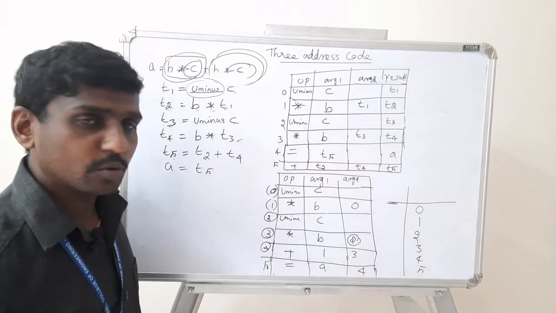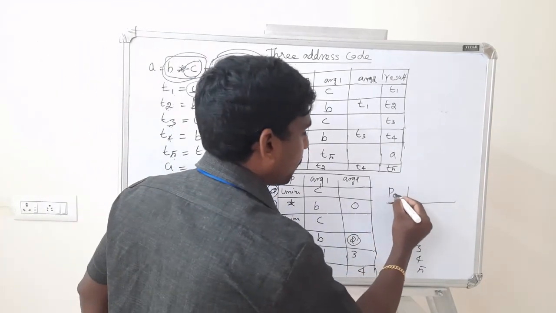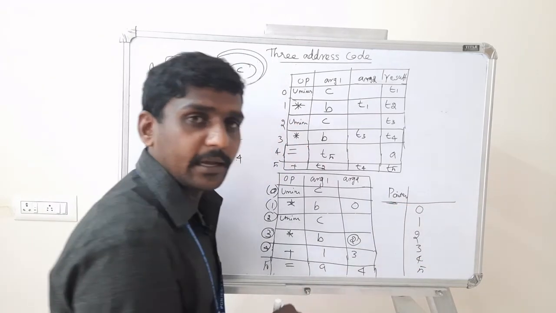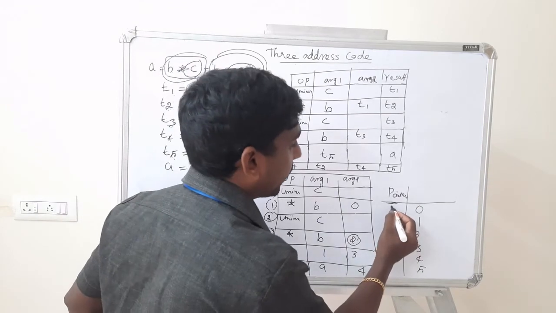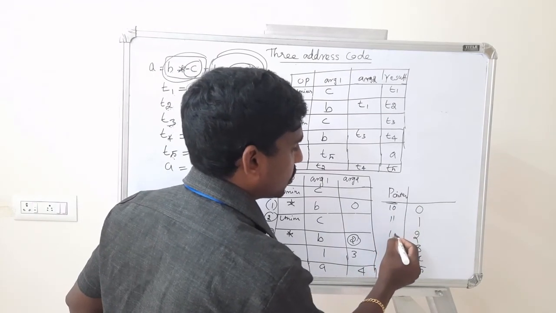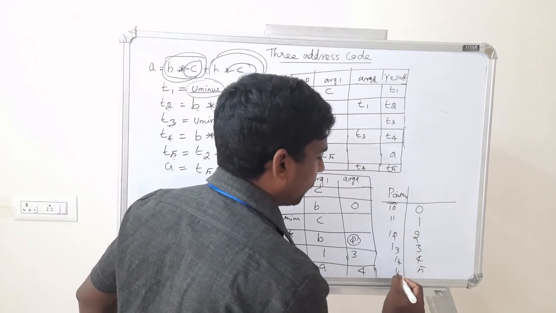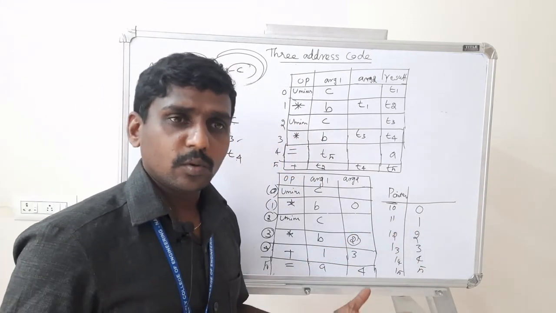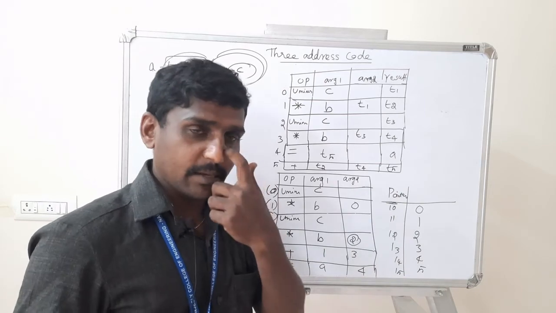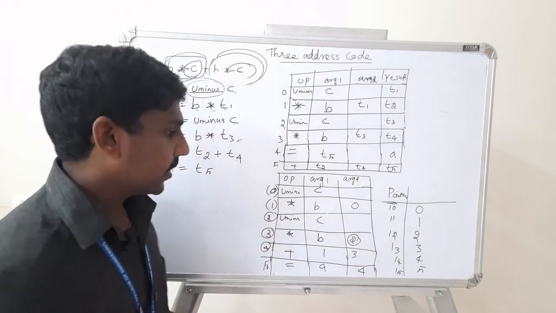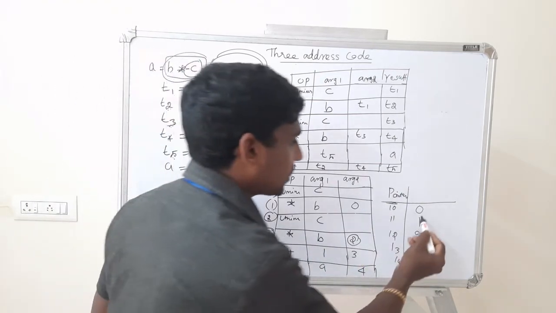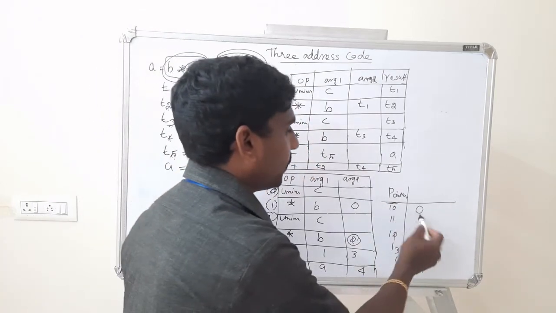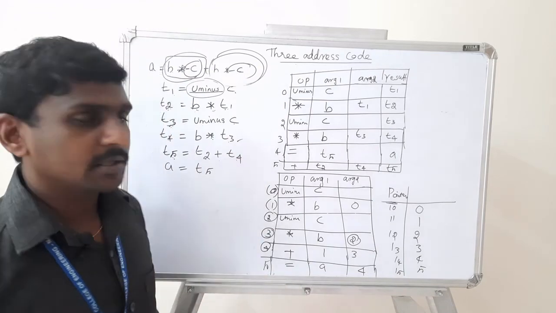And here there is a pointer, which may point to another location. Maybe you can write like 10, 11, 12, 13, 14, 15. You don't ask me whether we want to write 10, 11, 12. No, whatever pointer is assigned by the compiler, that you can write. So the triples location is this, but the pointer location is this. So pointer plus triples is called indirect triples.